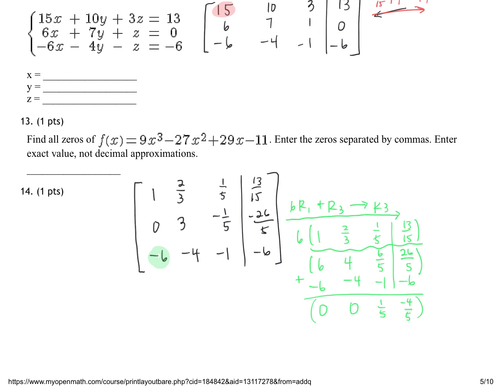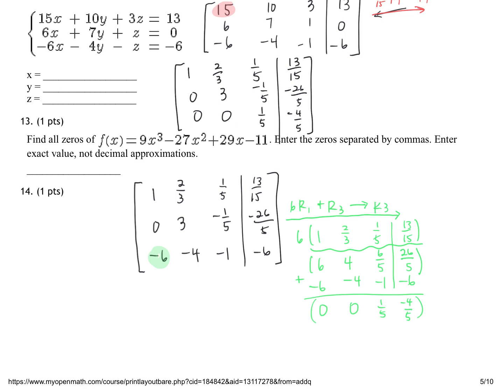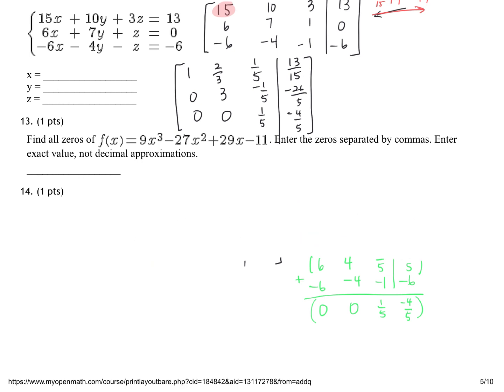Okay, so now we're going to have 1, 2/3, 1/5, 13/15. Row 2 does not change. And row 3 is now 0, 0, 1/5, negative 4/5. Okay, so that's what we've done so far. We've completed the whole first column.